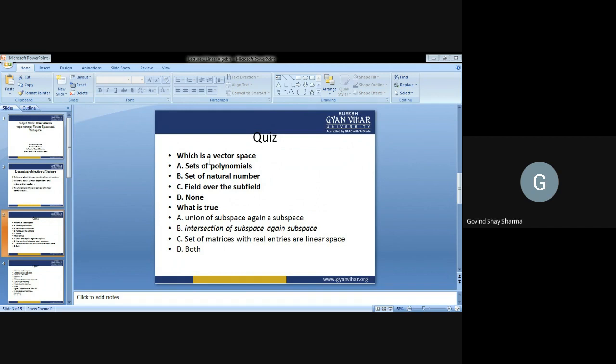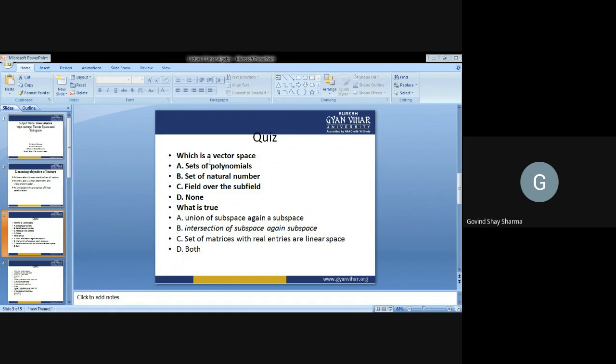The first, the set of polynomials, is a vector space. We already explained in this exercise that the set of polynomials follows all the conditions of a vector space.